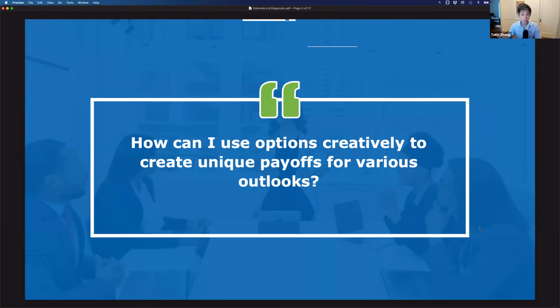You can buy a call, sell a call, buy a put, sell a put. All strategies are made up of these four fundamental building blocks. And when you talk about time spreads, you're really pushing the envelope as to how you can create different structures with these four different strategies. So today is really talking about creativity.